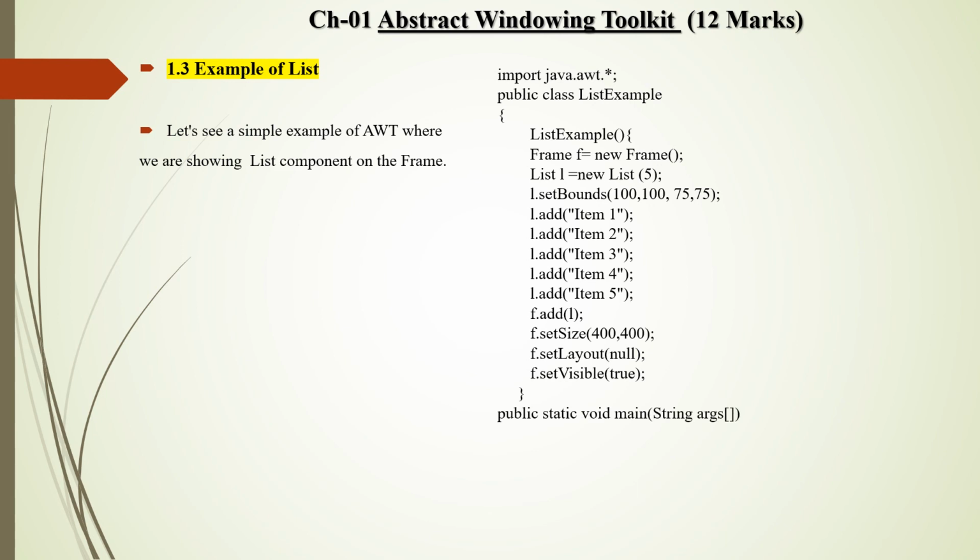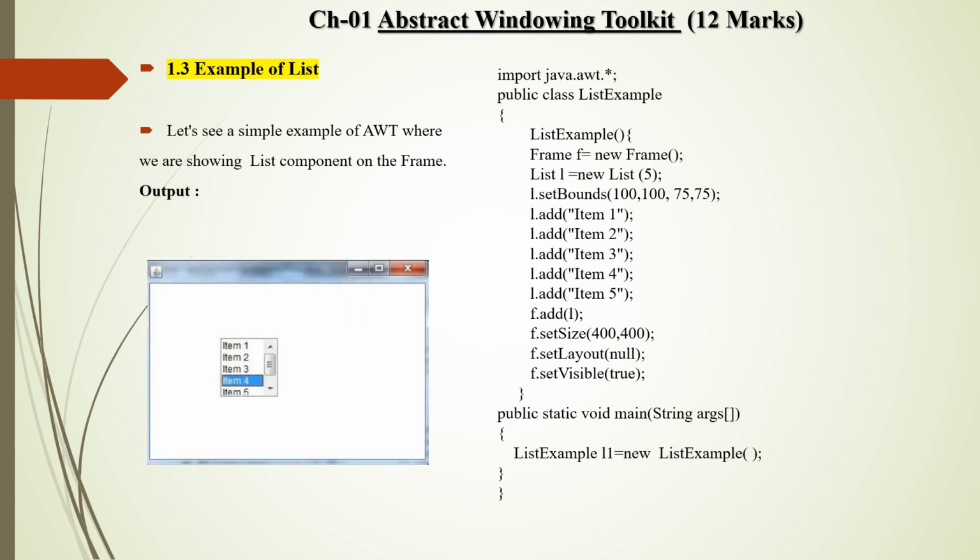At last we define the main method, public static void main(String args[]), and inside the main method we create one object of the ListExample class. So this is the code to generate a list component in a frame. The output of this program is like this. One frame is created, and in the frame one list is displayed.